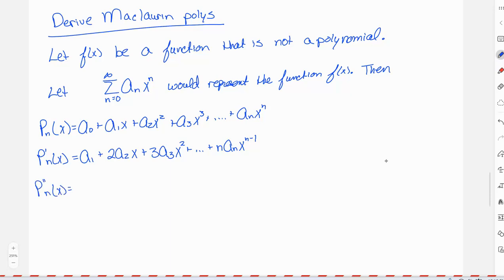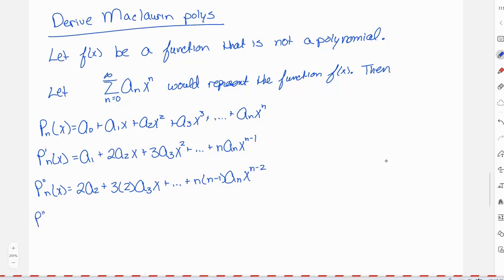Now the derivative of a sub 1 is 0, so this is going to be 2a2 plus 3 times 2 a sub 3 x to the first, plus dot dot dot, plus n times n minus 1 times a sub n x to the n minus 2. I'm going to leave it like this so I can think about patterns.